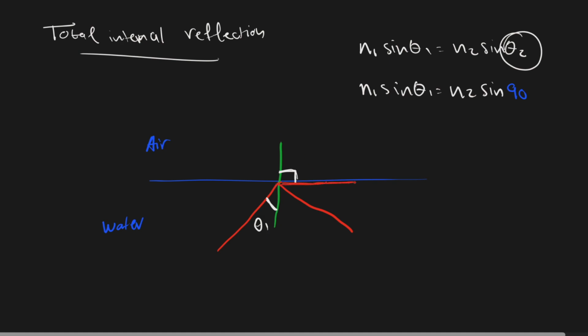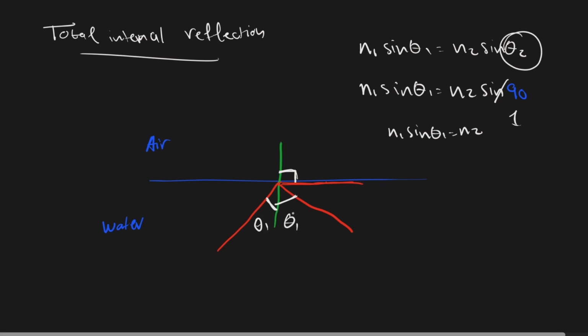So it's 90 degrees relative to the normal. And what do we know about sine 90 degrees? We know it's equal to 1. So we have n1 sine theta 1 is equal to n2. That is why we will not have any refraction, but we will have reflection, where this angle here is also equal to theta 1.